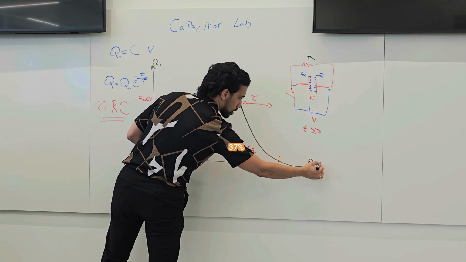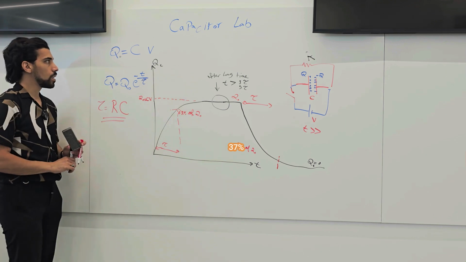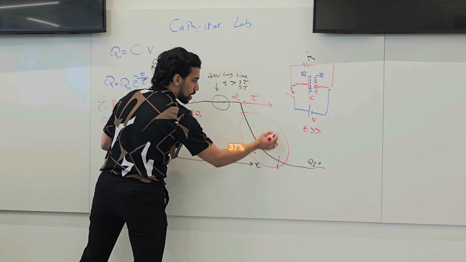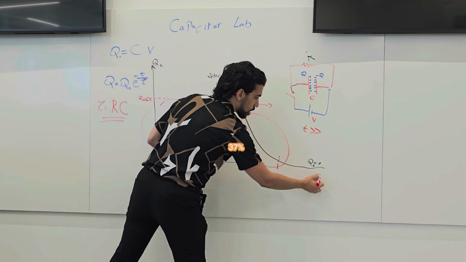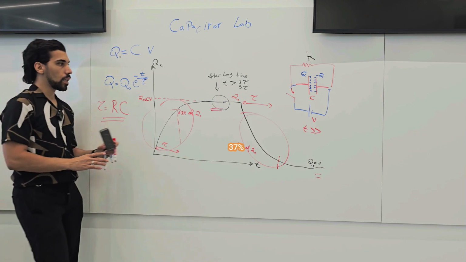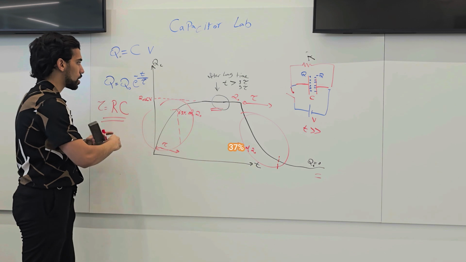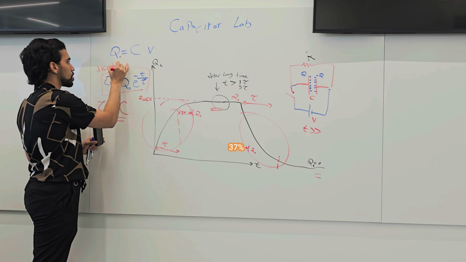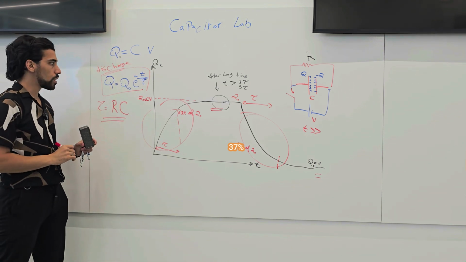Q here is equal to 0. So this is a transient state. This is constant, after a long time a constant. This is the concept in general about the capacitor. While it's charging and discharging, this equation is for this charge.